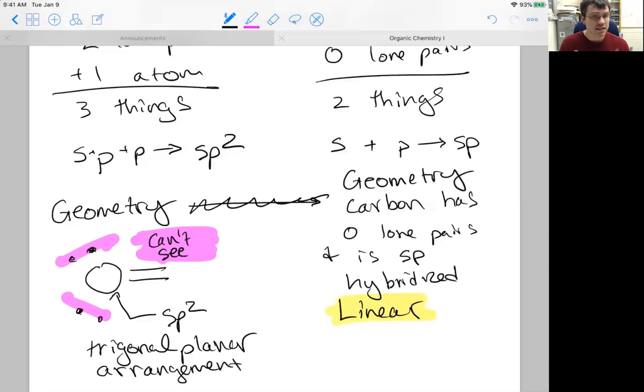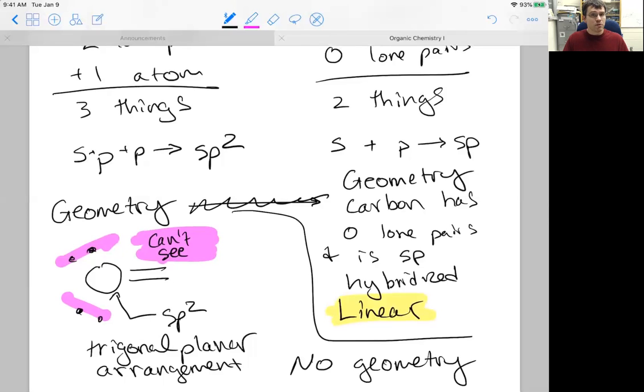All that I can see is the oxygen bonded to the carbon atom. We need two things attached to the atom of interest to make a geometry. Two things, and or more. So 2, 3, 4, we have a geometry. 1, no geometry. So the answer here is, even though we have a trigonal planar arrangement, because we can't see everything, we have no geometry.